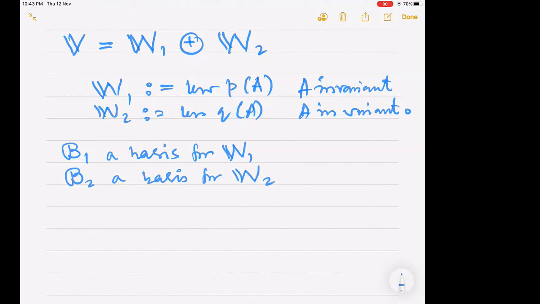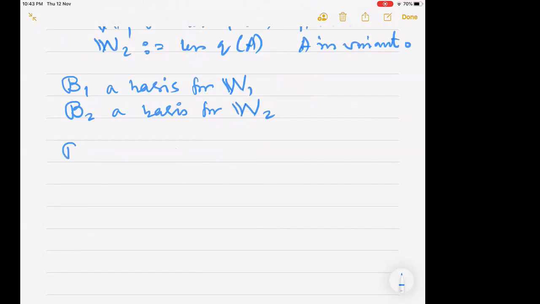Then B, defined as the union of B1 and B2, will be a basis for the whole space, because their direct sum is the whole space.